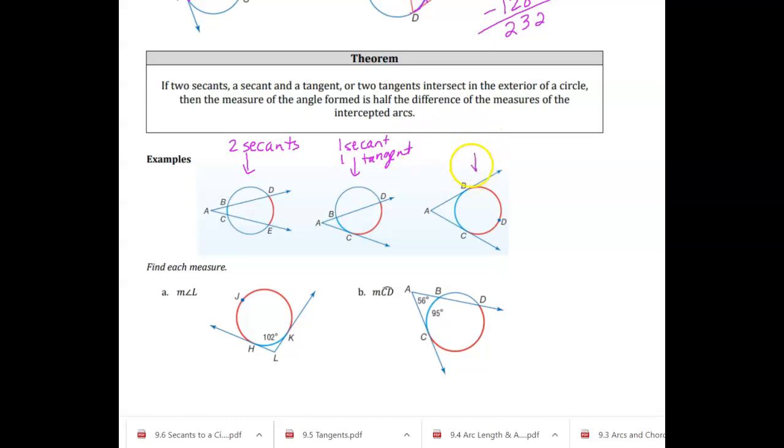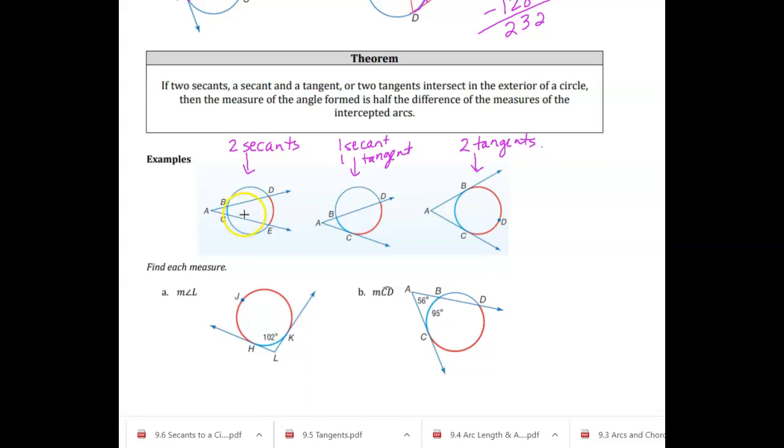Or, we've seen this before, we can have two tangents. If they intersect on the exterior of a circle, then the measure of the angle formed is half the difference of the intercepted arcs. We talked about these being congruent, but now we're actually going to talk about the angle measures. So this really is new for all three scenarios.